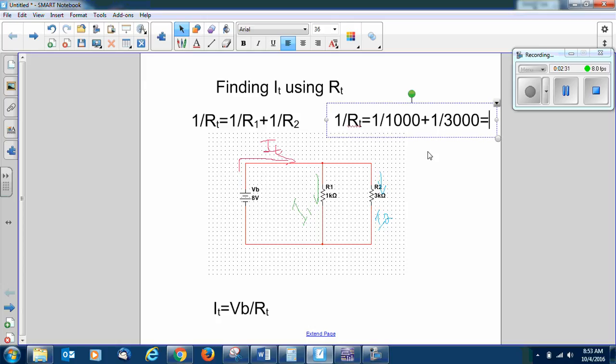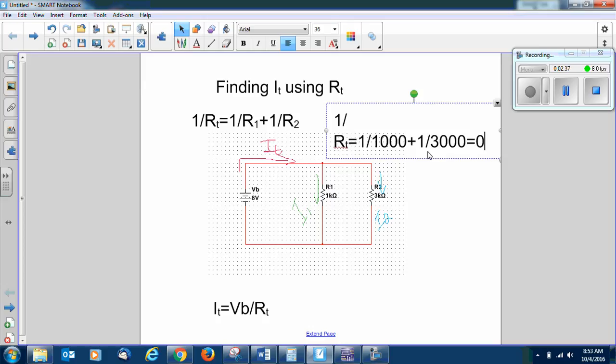Now that is going to be 0.001 plus 0.0003, and this is a periodic number. It's going to go 3, 3, 3, 3, 3 forever. So I'm just going to cut it off at 3.